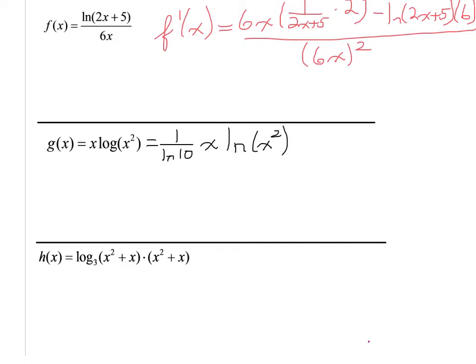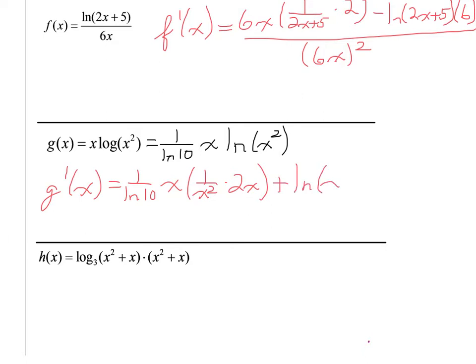So now when I'm doing the product rule, I've got first times the derivative of the second, and then because of chain rule, times the derivative of what's inside, plus second times the derivative of the first, which will be 1 over natural log of 10.